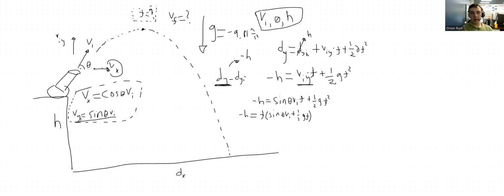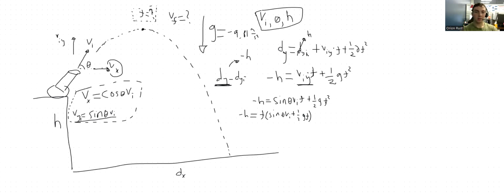So this is the part that's interesting because we want to essentially solve this equation and make it so that it's manageable and that we have an understanding for t. Now, one of these two factors will give us something negative. Using our knowledge of algebra, we can figure out that one of these two terms has to be negative in order for it to make sense in terms of the height.